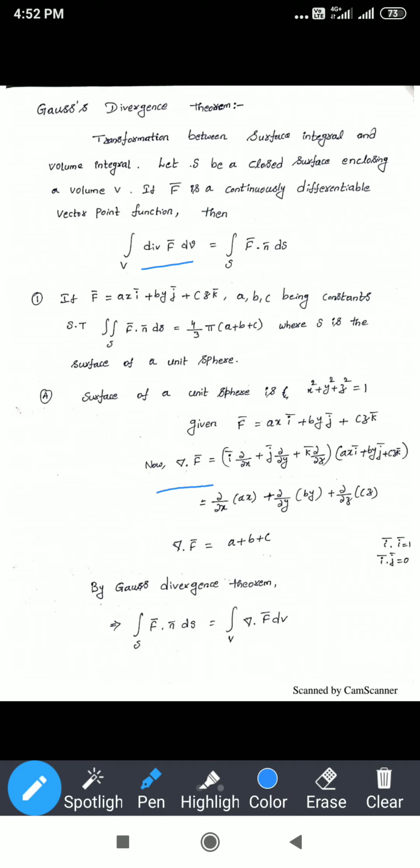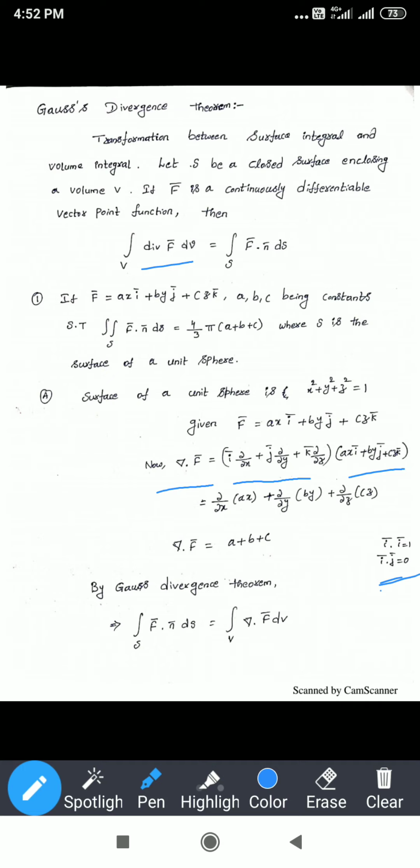Applying this dot product, you get dou by dou x of ax, with i bar dot i bar equal to 1 and i bar dot j bar equal to 0.